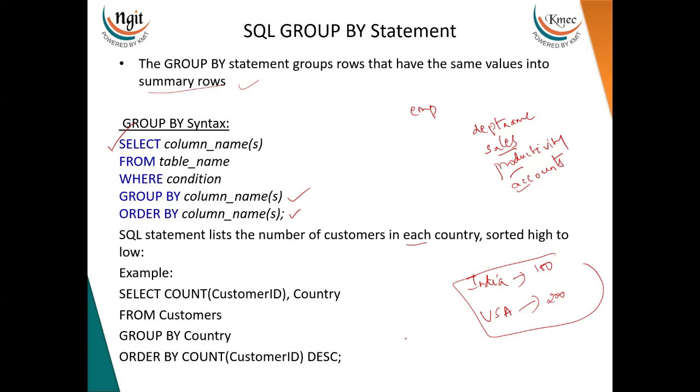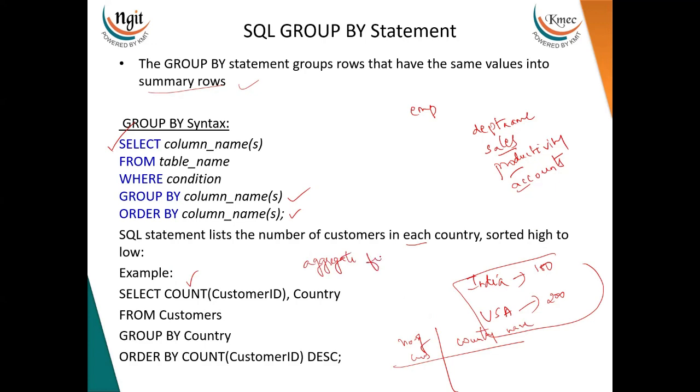The output should be the number of customers. My column name should be the number of customers as well as the country name to be displayed as an output. So how do you get the number of customers? By applying the count function. Count is a function which comes under aggregate operations.